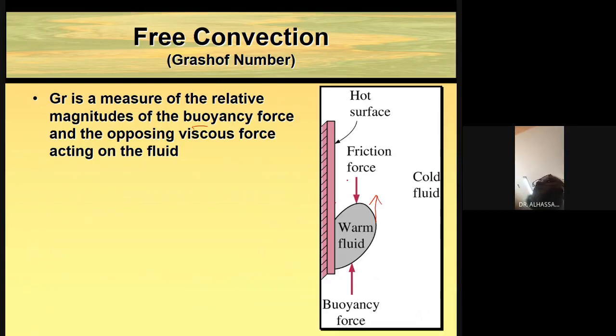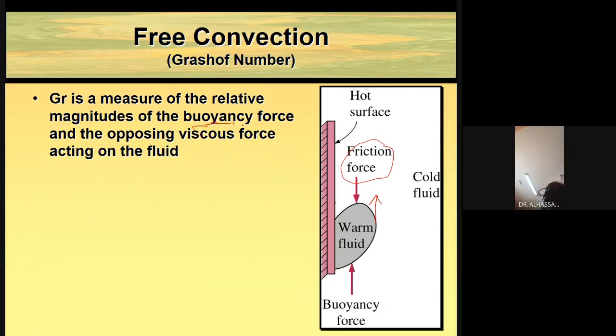There is a frictional force which opposes the movement of the fluid upwards. And this is given by the frictional force. So the ratio of these two gives us an idea of the Grashof number.